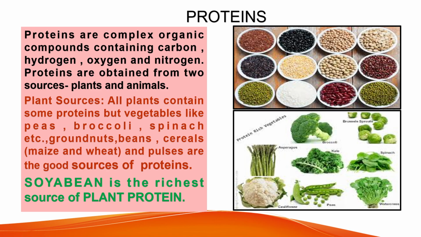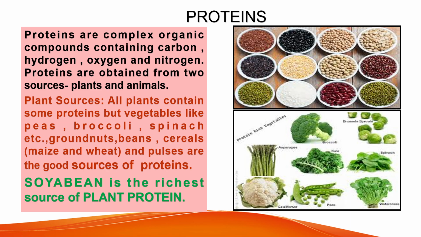They are very good sources of proteins. So what does it mean? कि सभी plants में proteins होते हैं but specially in food items में proteins ज़्यादा होते हैं. And the richest source of plant protein is soybean. सबसे ज़्यादा plant protein जिसके अंदर होता है that is soybean.